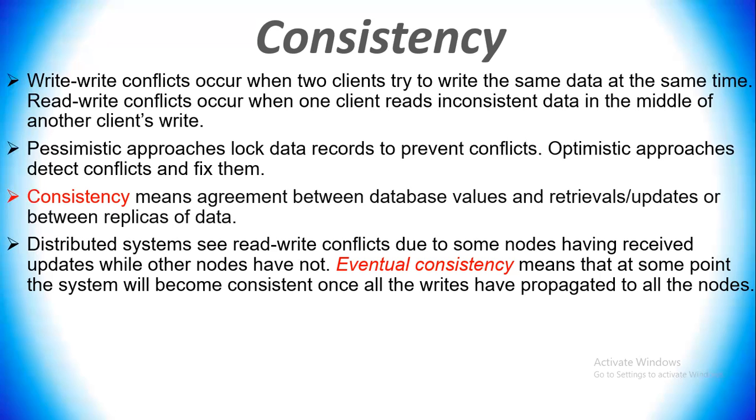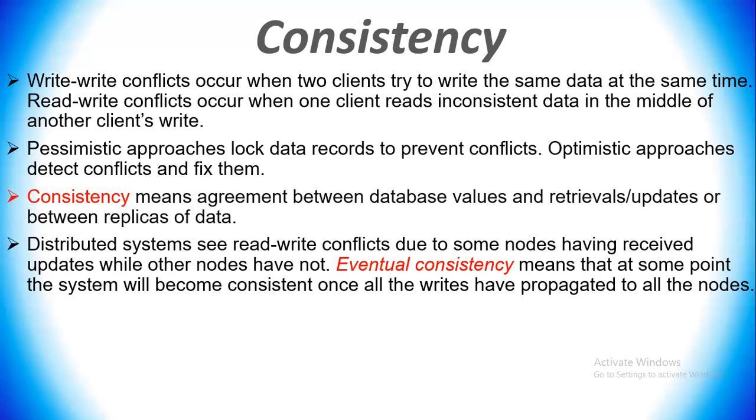So these NoSQL databases will take time to be consistent. Until that time, it will not be consistent. There is a period in which the system is not consistent. That is what is meant by eventual consistency. At some point in time, the system will become consistent, the instant when all the writes have propagated to all replicas of the node.